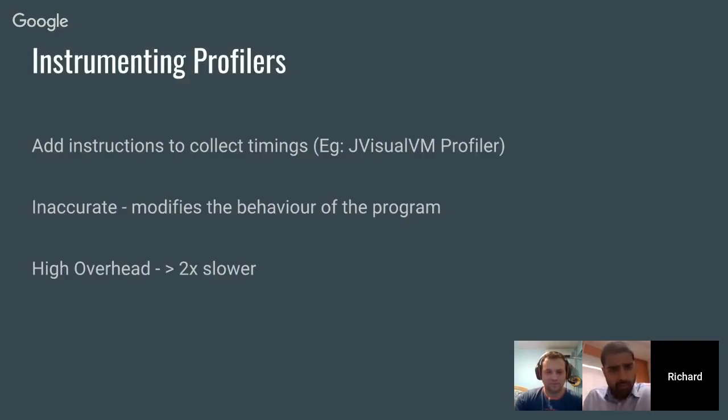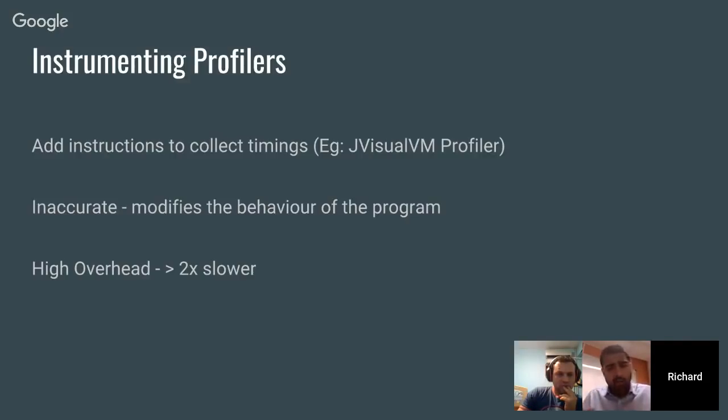The problem with instrumenting profilers is that in the act of instrumenting the program, they modify its behavior. And so in modifying the behavior of the program, the results are not accurate, essentially.